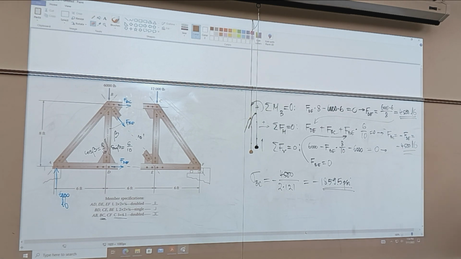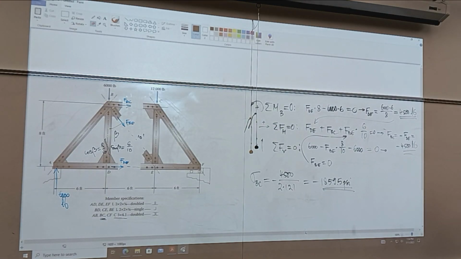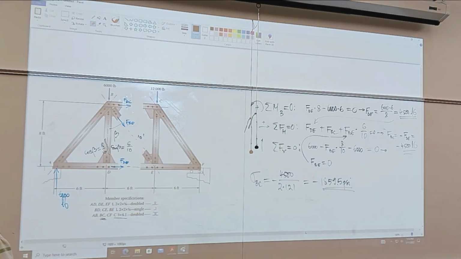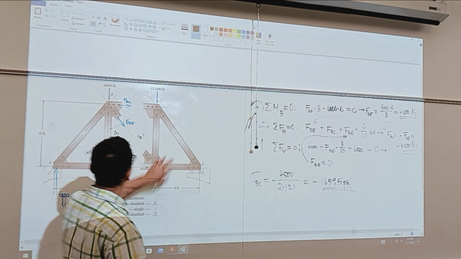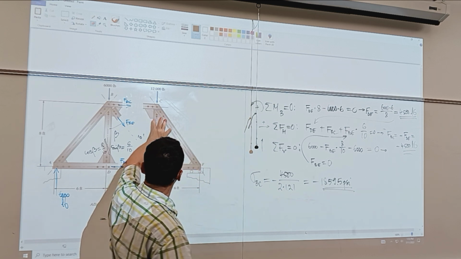Okay. Again, when you have compression, buckling might be of consideration, so verify for buckling not to occur. And what else could we do? We can solve using the same approach for this other half.